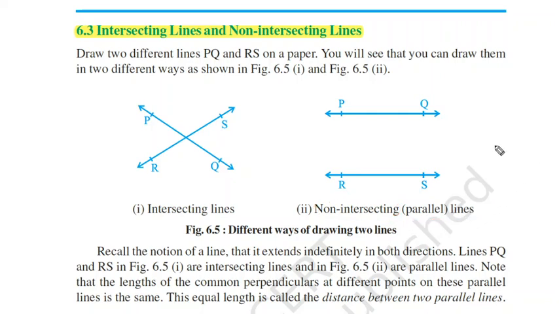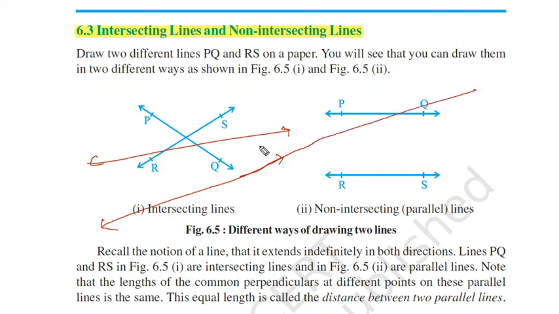If you draw a line and you draw another line like this, and you ask whether they are intersecting lines, I will say yes, they are intersecting lines. If you extend this line to here and this line here, you can see that somewhere the two lines will intersect.